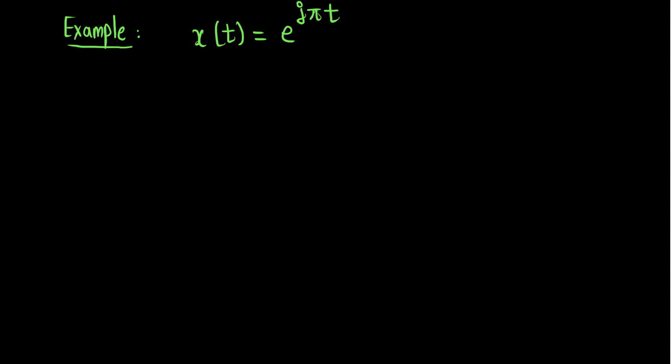And we know what the period is. The period is capital T, that is 2 pi by capital omega, and this omega here is simply pi. So capital T is going to be 2.